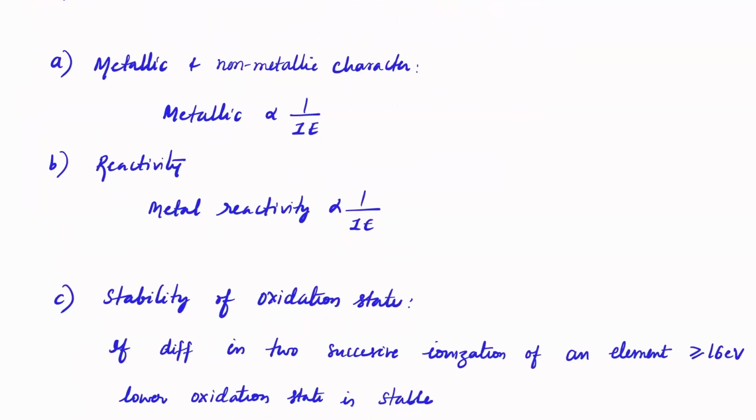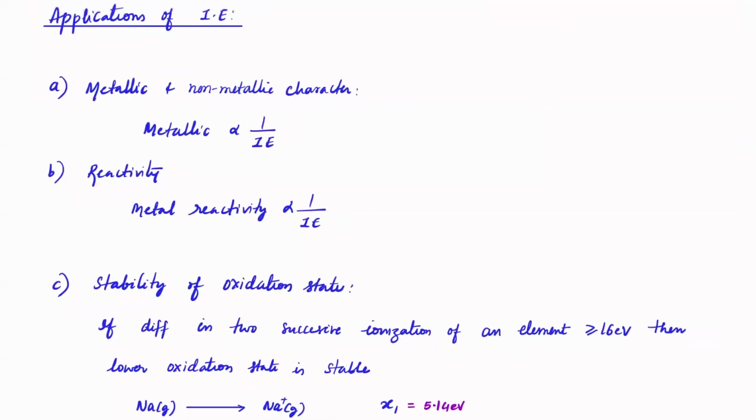Now, what are the applications you will notice from ionization? See, when it comes to metallic and non-metallic character, metallic character is inversely related to ionization. If the ionization energy is lower for an element, it also indicates that the metallic character might be more.